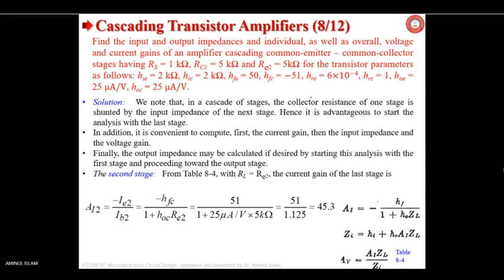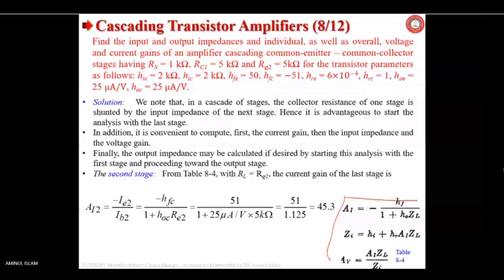If we start with the second stage, it will be easier, as you can see in the write up. So let us now start from this table 8.4, which I said will be repeatedly used. I have put part of the table here so that we should not go back and refer to that.